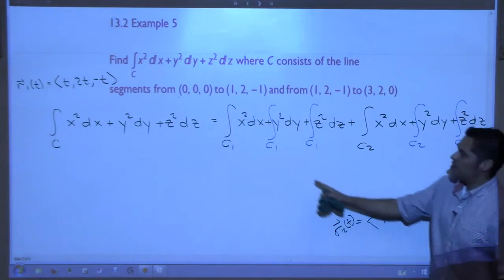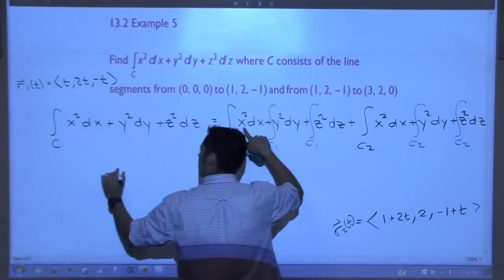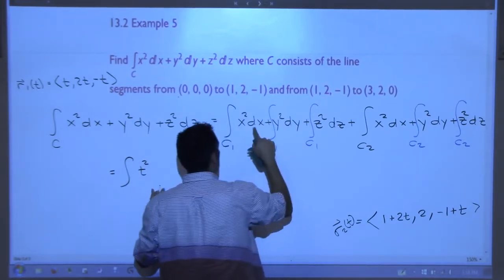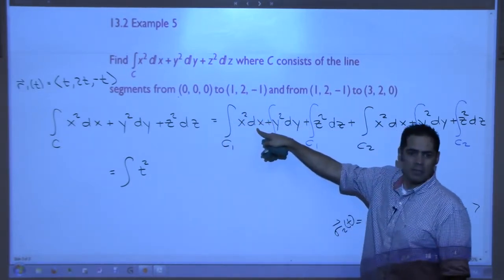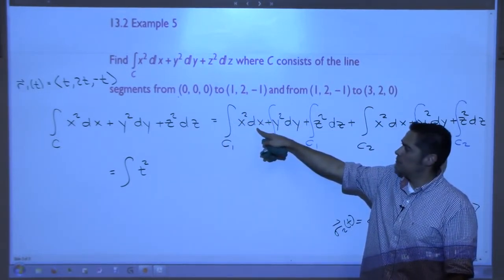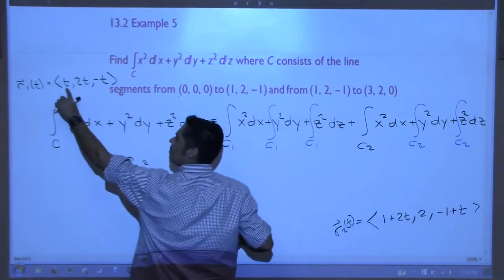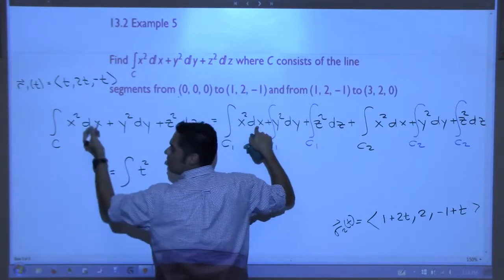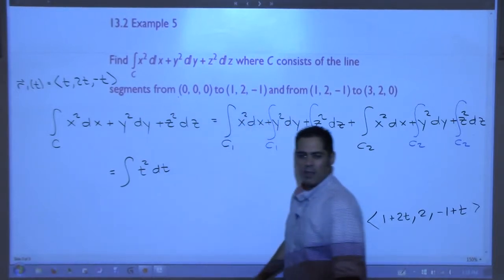Because I'm on C1, I'm looking at this. The x component squared, so this is going to be integral t squared. And then what's dx? What's the derivative of the x component? Just 1, derivative of t is just 1. So it'll be 1 dt. Any questions on where that came from?